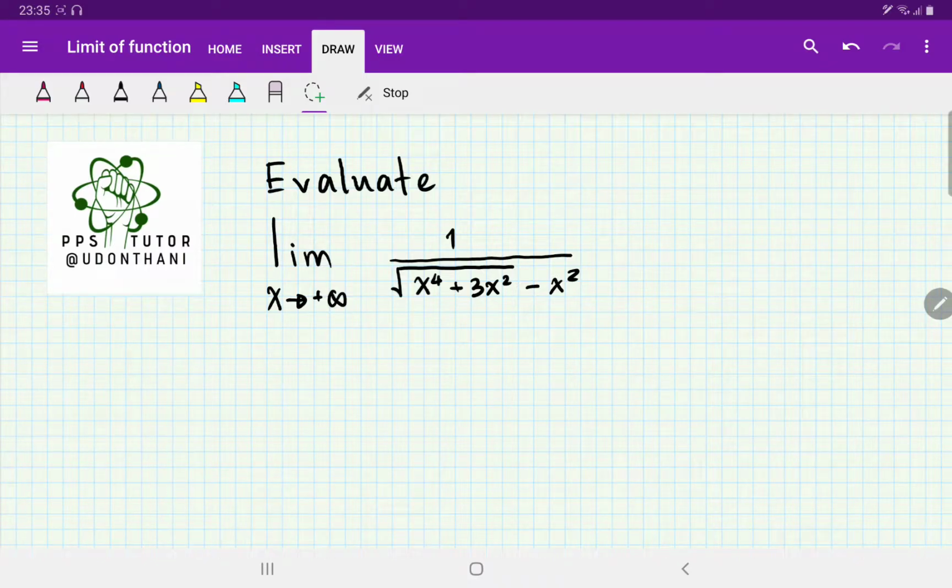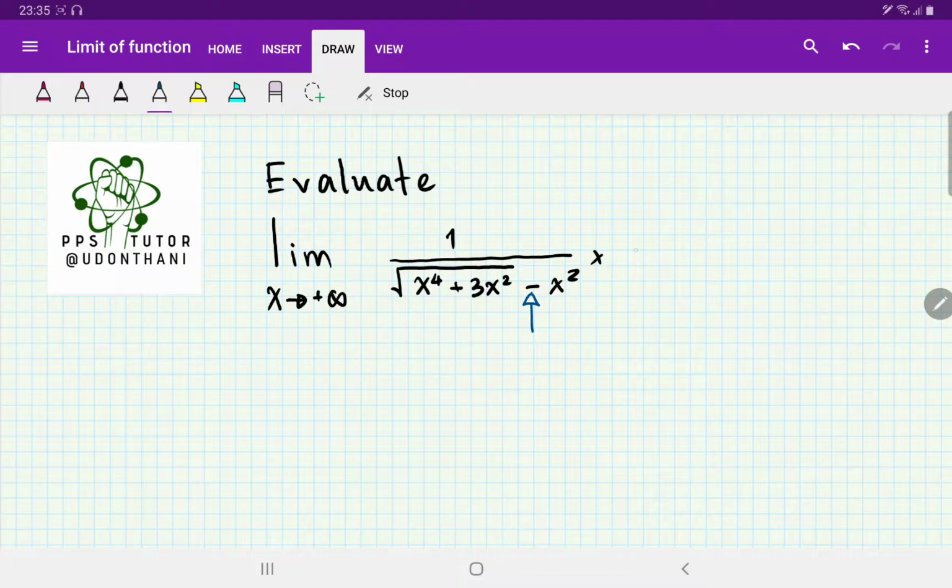So let's start. First of all, I have to look at the denominator, which has these two terms. If I would like to cancel out the square root, I have to take the conjugate of the denominator. We just change the negative sign into the positive sign.